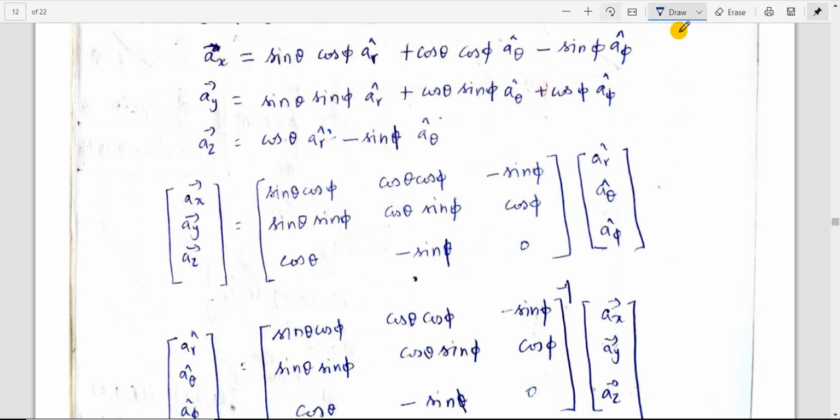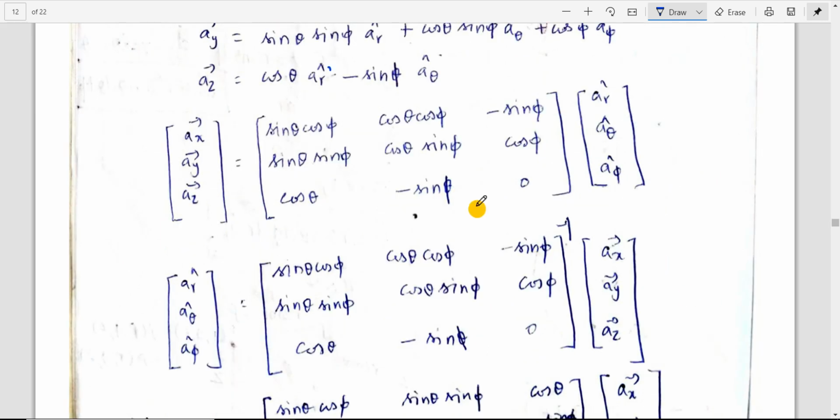So we have got these three equations, and we can form a matrix format for these equations. As you know, sin theta cos phi will be coming here, cos theta cos phi will be coming here. So we can put these three equations into a 3 cross 3 matrix format.